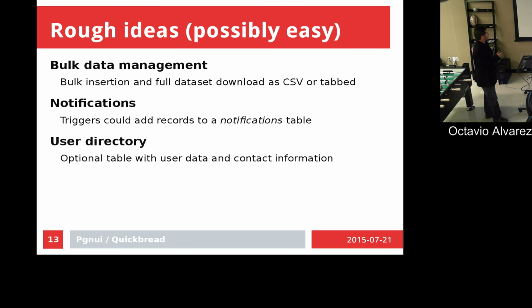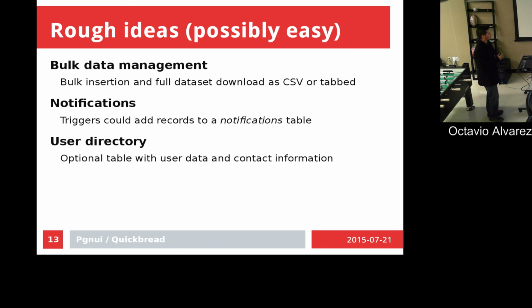There are rough ideas. I talked about bulk data management. I don't like it when I need to upload 10 records to a particular table and I have to do every one manually because the developer never thought that anybody would need that functionality. And bulk insertion and data set download is more common than we think. Notifications.